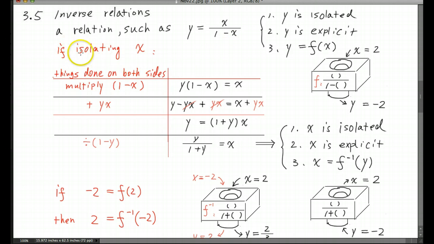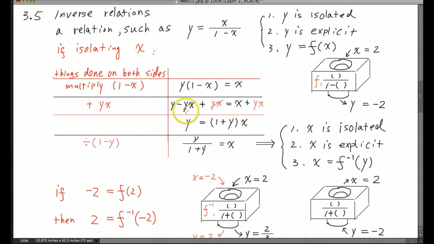But if you isolate the x, we can do it this way. You multiply 1 minus x on both sides. So 1 minus x comes to here, and on the other side it cancels out. Then you expand this, you get y minus yx.